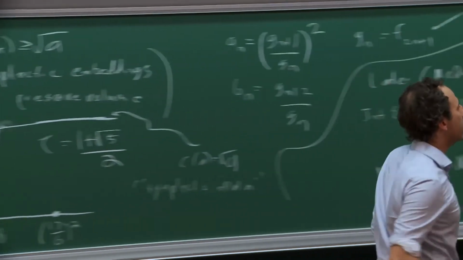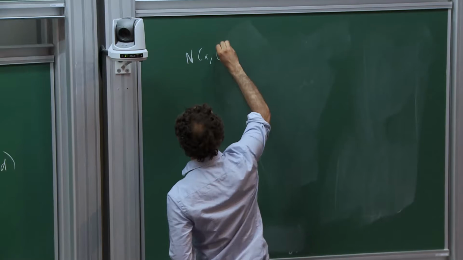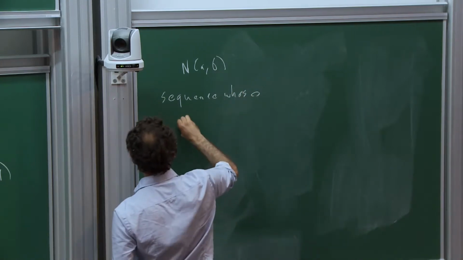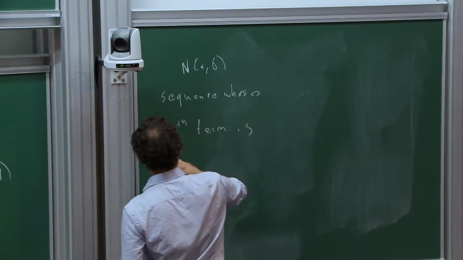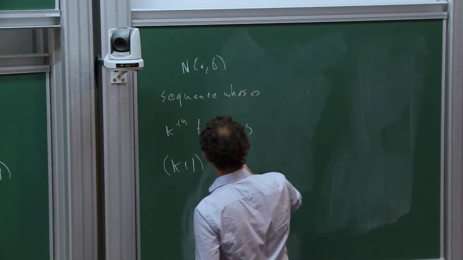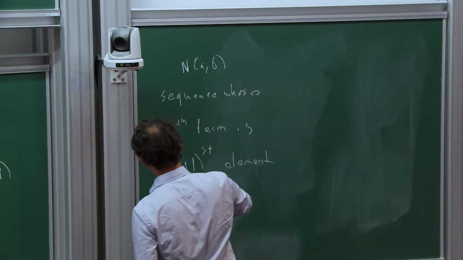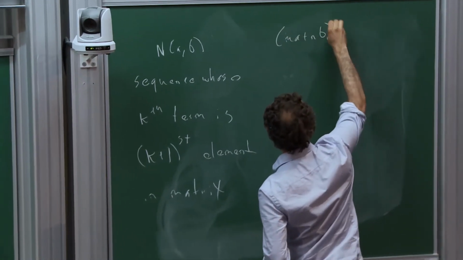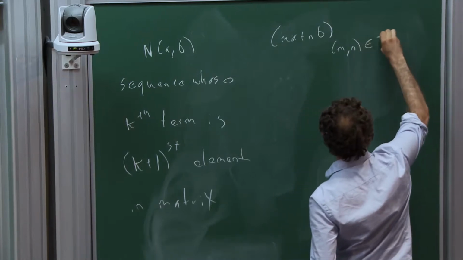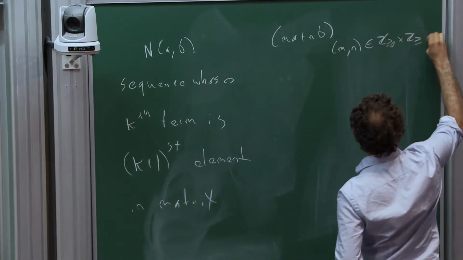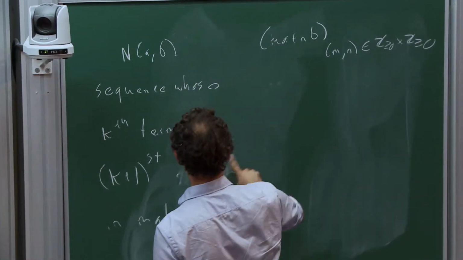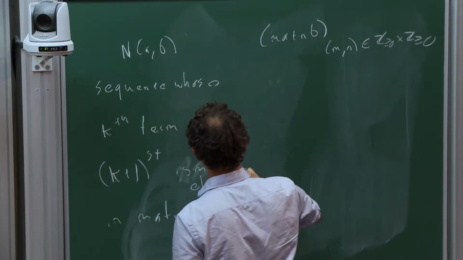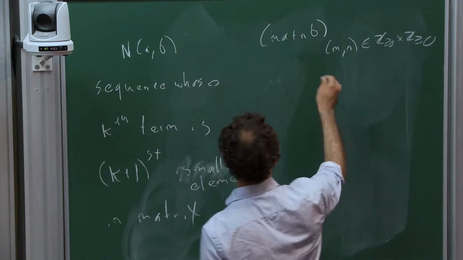In fact, N(a,b) is the sequence whose kth term is the (k+1)st smallest element in the matrix ma plus nb, where m and n are non-negative integers, indexed starting at k equals 0.